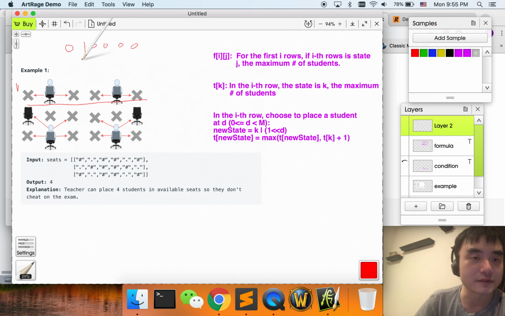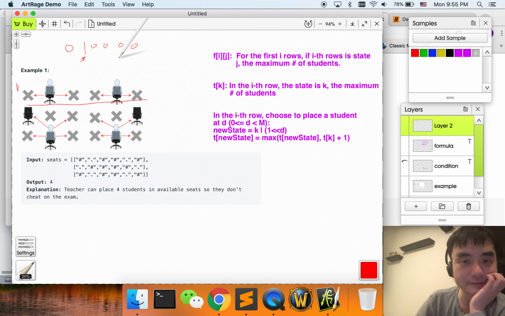So one of the seats is occupied, right? And we can do something to this state, right? What we can do, we can place another student into the row, right? For example, we can place a student here. So that is the transition of our states, right?